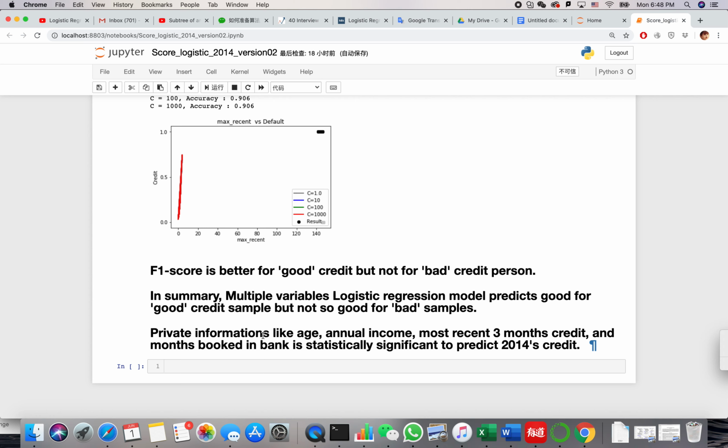We found that the age, annual income, and most recent 3 months credit variables are very good and statistically significant. But the pay rate, payment rate, and limit utilization are not so statistically significant in this project. Thank you.